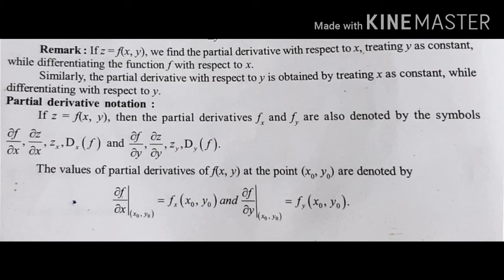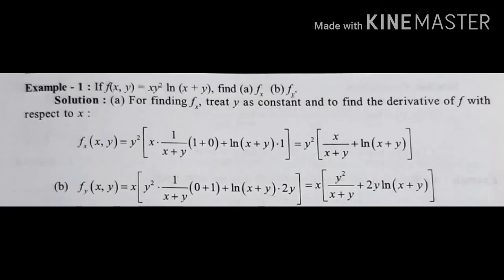And the values of the partial derivatives of f(x, y) at the point (x0, y0) are denoted by del f by del x at (x0, y0) equal to fx(x0, y0), and del f by del y at (x0, y0) equal to fy(x0, y0).